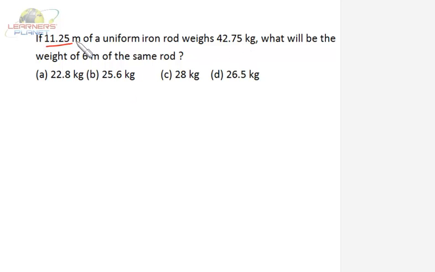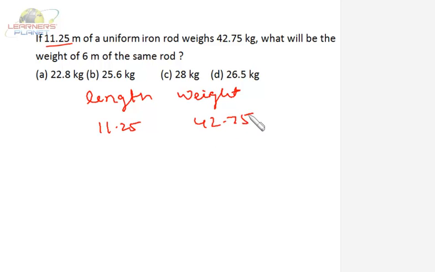If we increase the length, the weight will also be increased. Okay, so let's write over here its length and weight. Now if the length is 11.25, weight is 42.75. If length is 6, then we have to find out the weight.